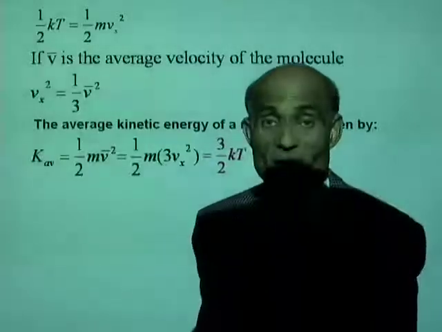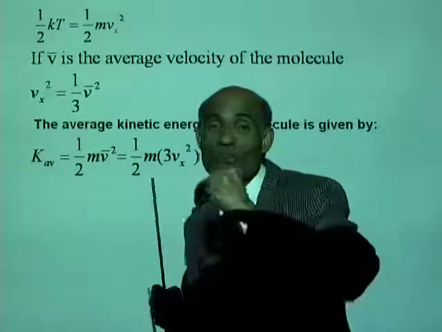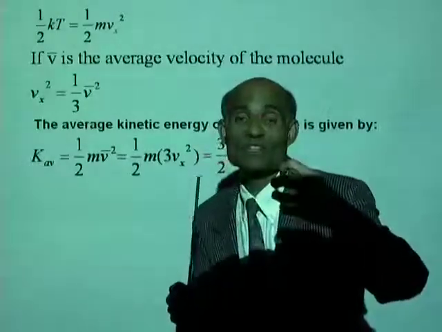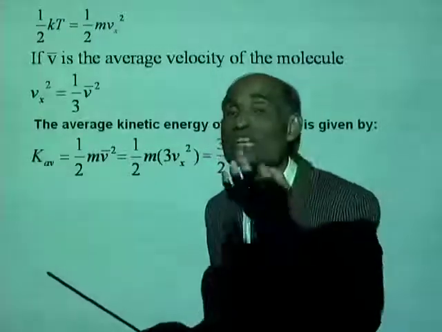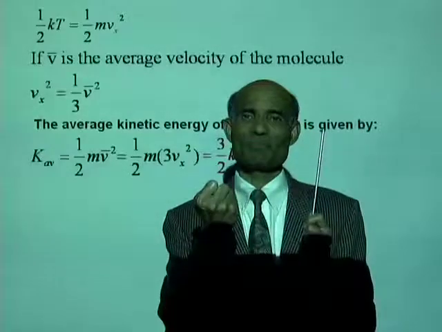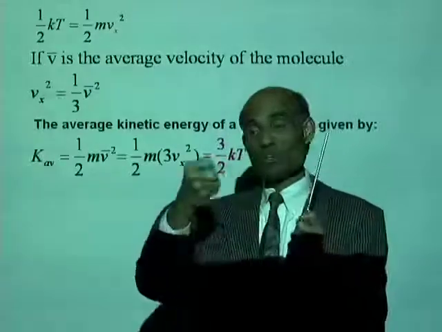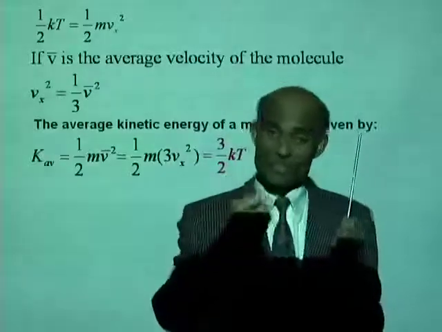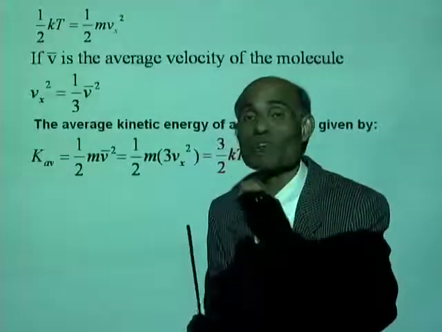Now, we assume that a molecule is free to move in the x, y, and z directions. And we say a molecule has 3 degrees of freedom. What is the meaning of a degree of freedom? The freedom of a molecule to move in a direction. It can move in the x direction, y direction, and z direction. So we assign 3 degrees of freedom.